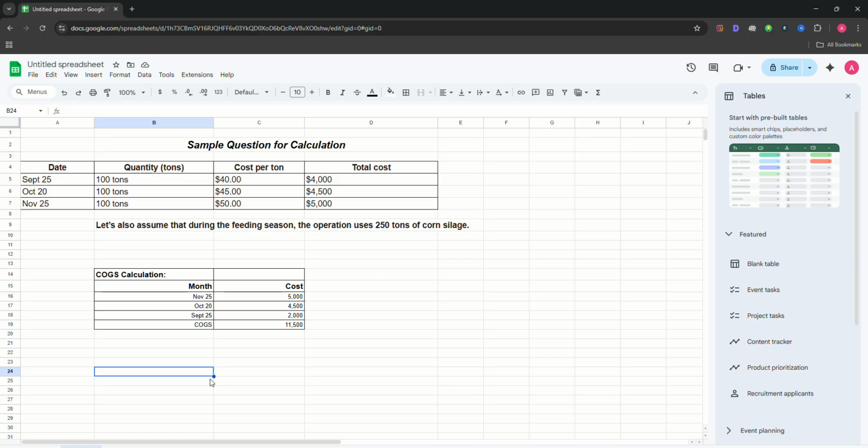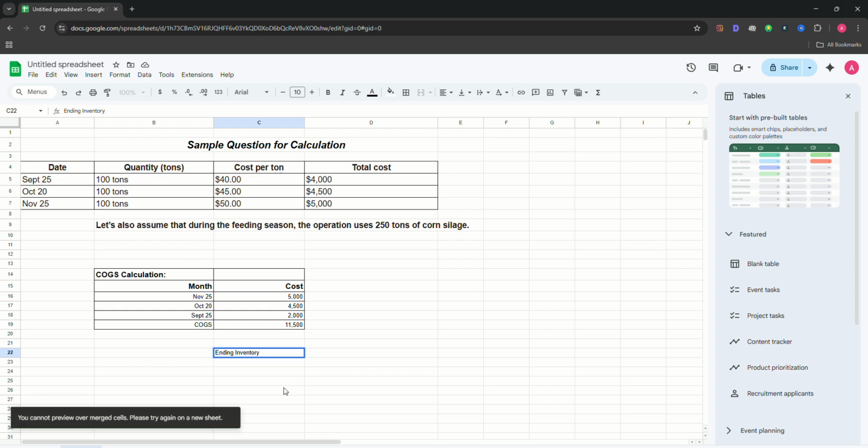So now I'm going to calculate the ending inventory. The ending inventory is 50 tons remaining.